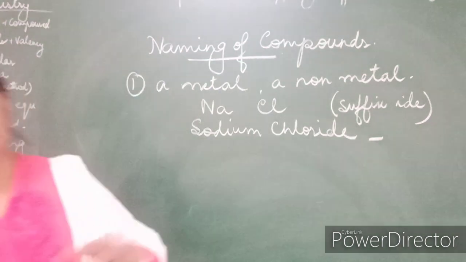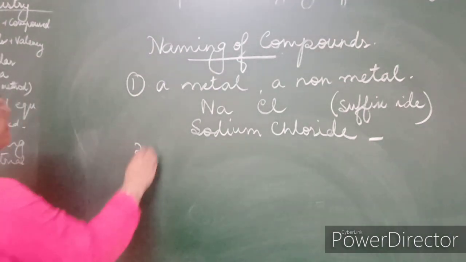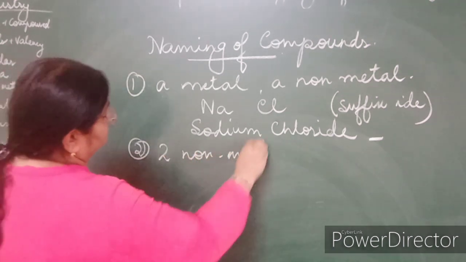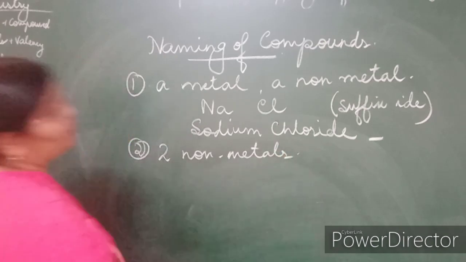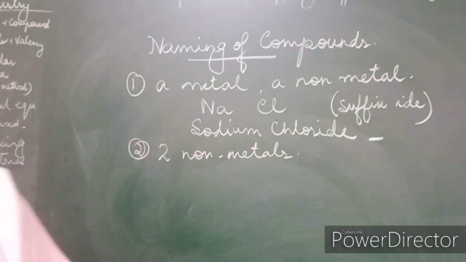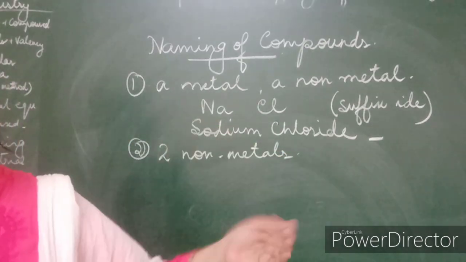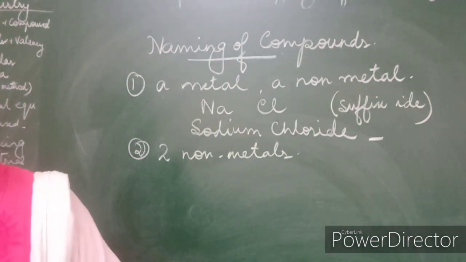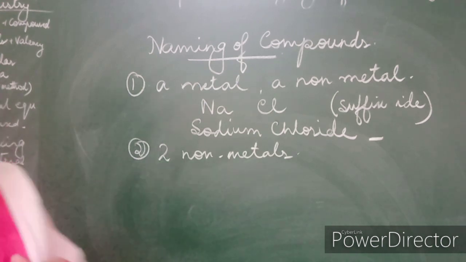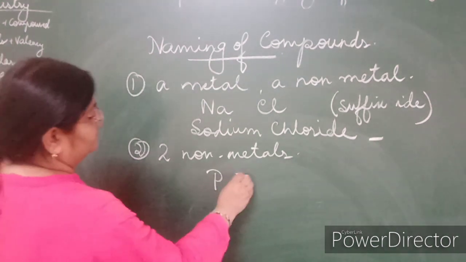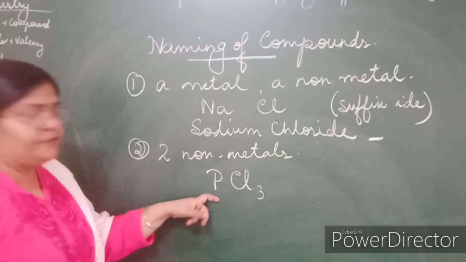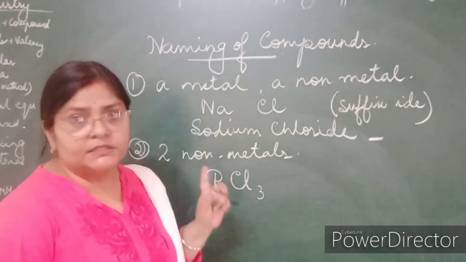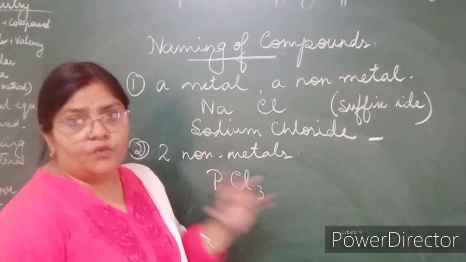Second case, when two non-metals are there. When both are non-metals in a compound, then the prefix tri or tetra or penta is added as the case may be. Like for PCl3. P means phosphorus, Cl means chlorine. Both are non-metals. Here you will not write chloride alone. So what will we write?